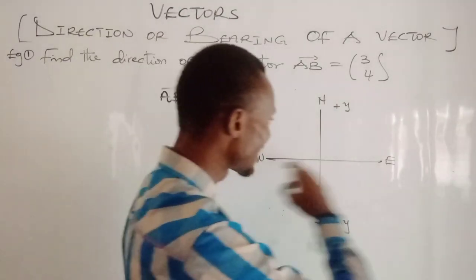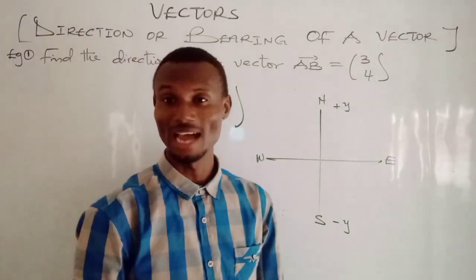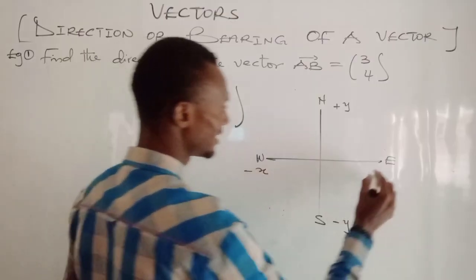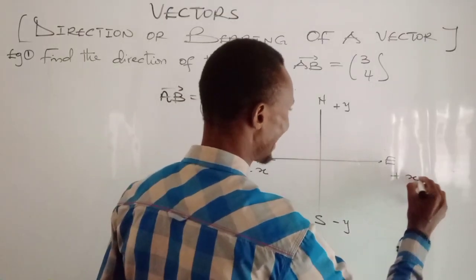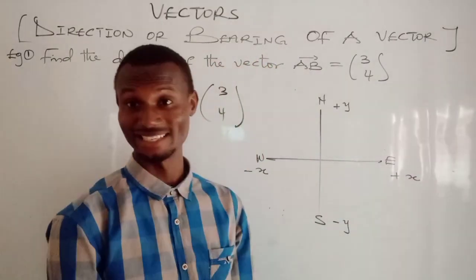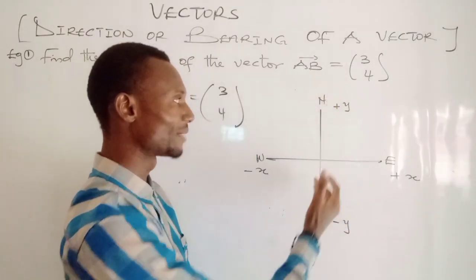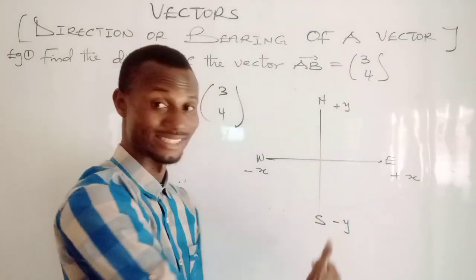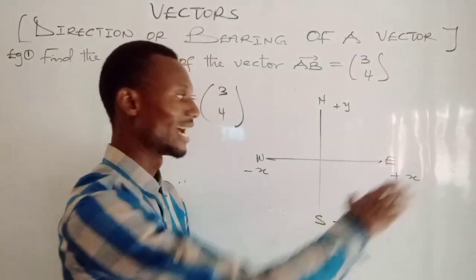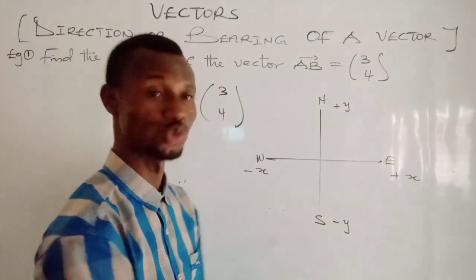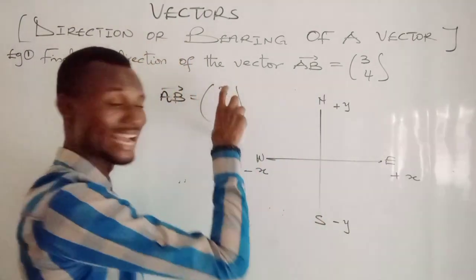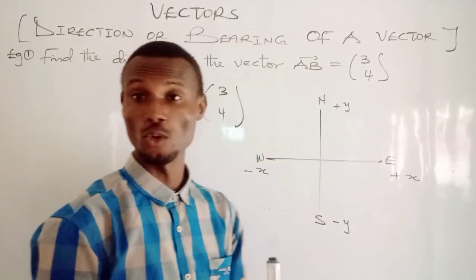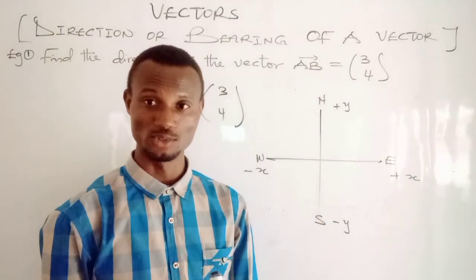Then we consider this horizontal line as our x-axis. So this is going to be my negative x-axis and this is going to be my positive x-axis. You know about the Cartesian plane. So you consider the vertical line of the cardinal point as the y-axis and the horizontal line as the x-axis because we need to plot this component of the vector AB on the Cartesian plane. I hope the explanation is clear enough up to this point.